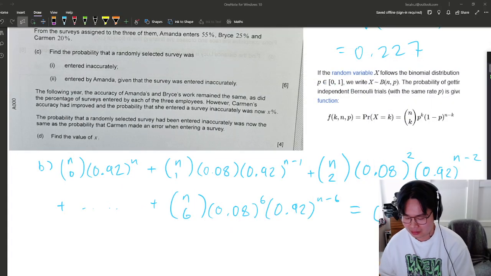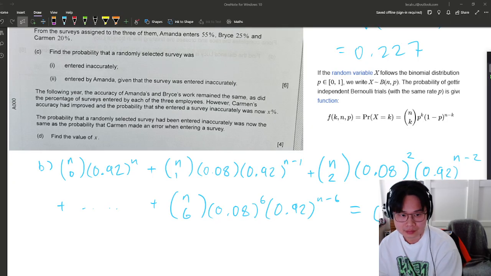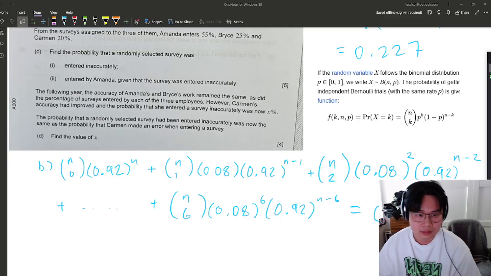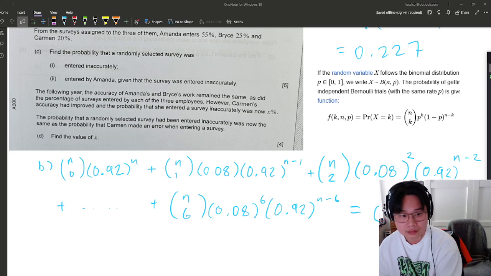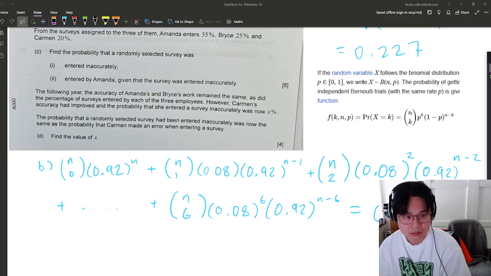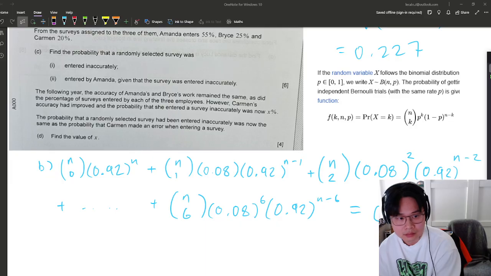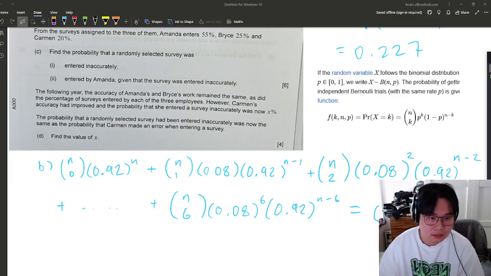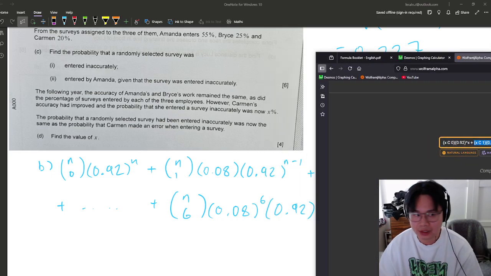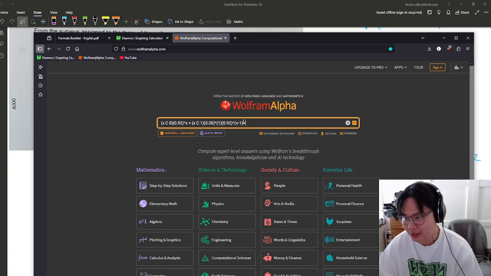Okay, I'm gonna type this in and see. Let me show you what I'm doing. So I'm doing an equation solver.